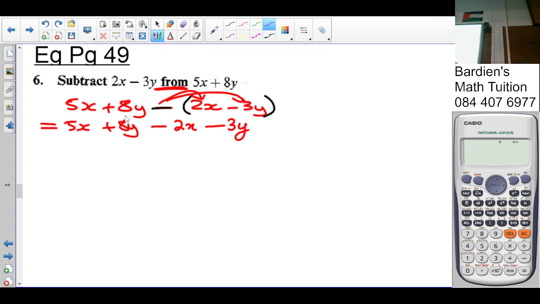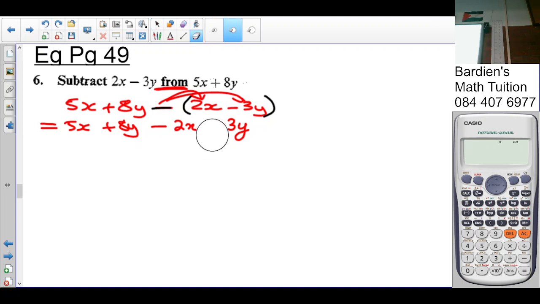Why positive? Because I'm multiplying this out here. Negative times a negative is a positive. Negative times a positive is a negative. What do we do now?